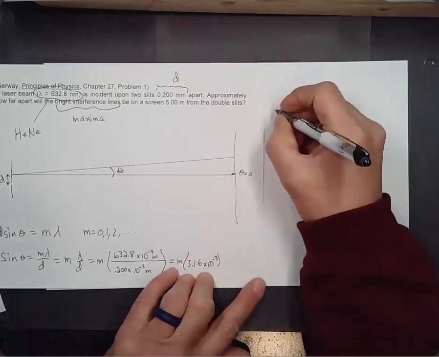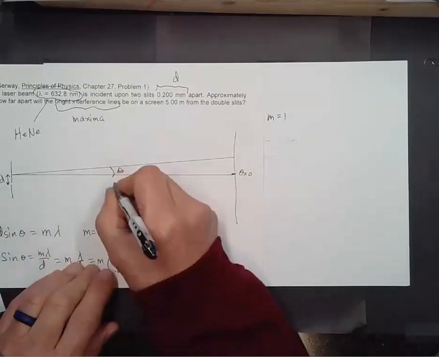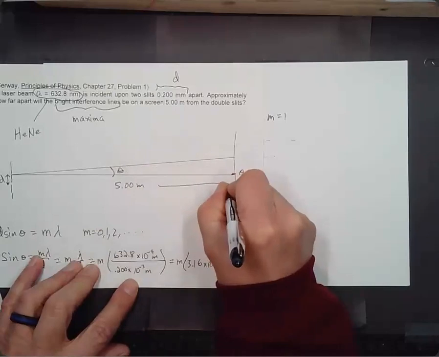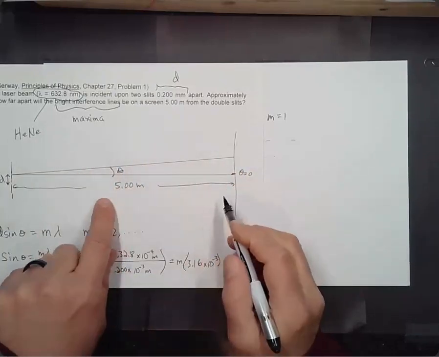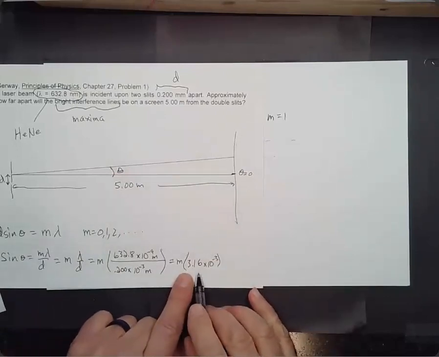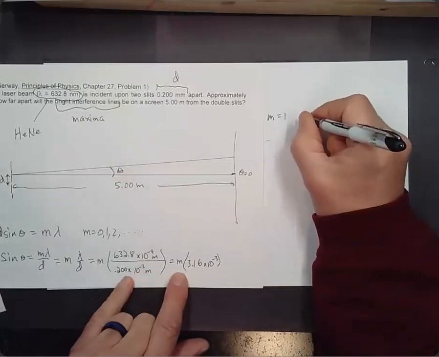The m=1 value. Remember how far the screen is? 5.00 meters away. Let's see. m=1, where's that going to happen?